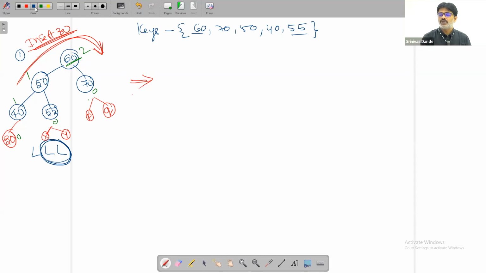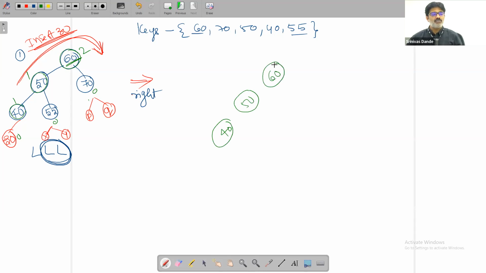So shift towards the right. What becomes the root, guys? You consider only 40, 50, 60, like your 30, 20, 10 previously, in the same case. Keep these three in mind: 40, 50, and 60.